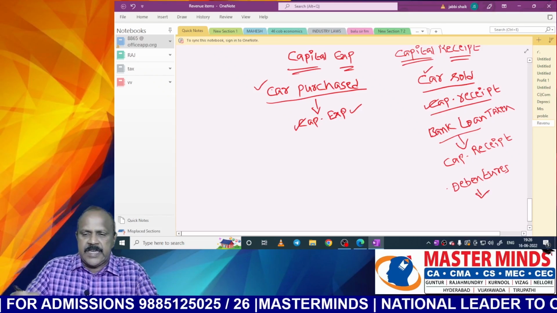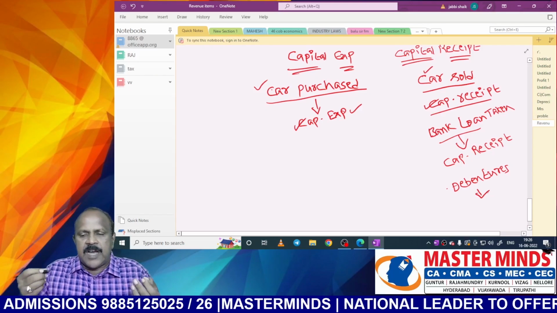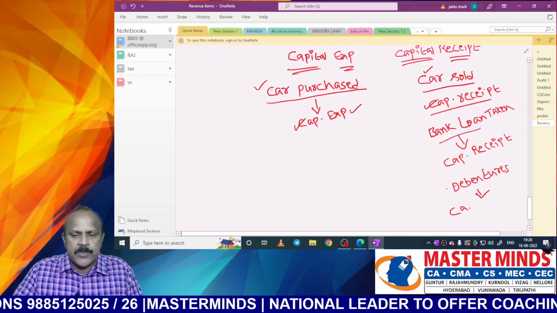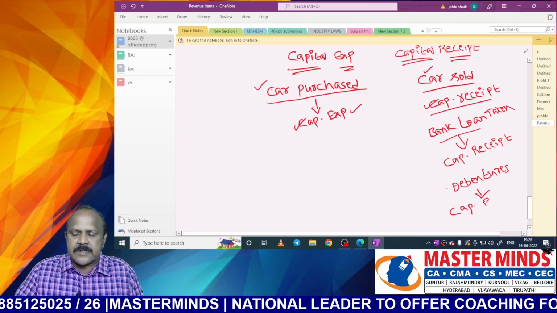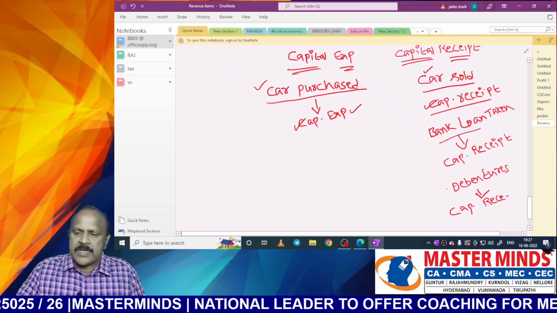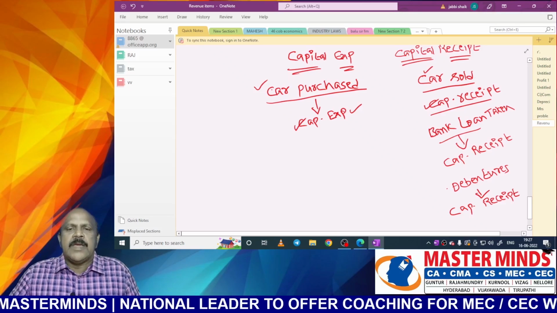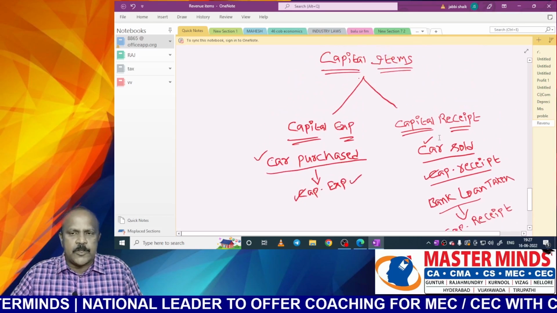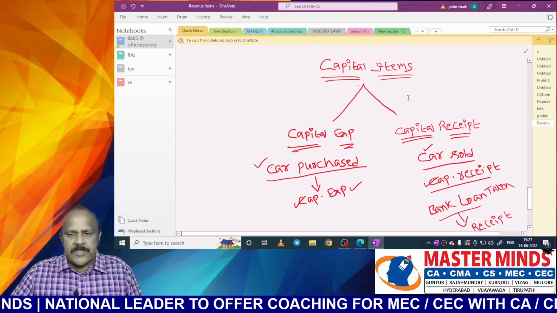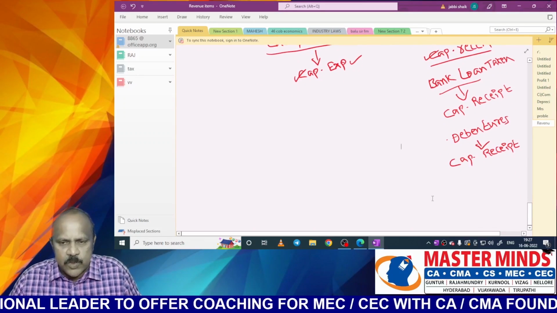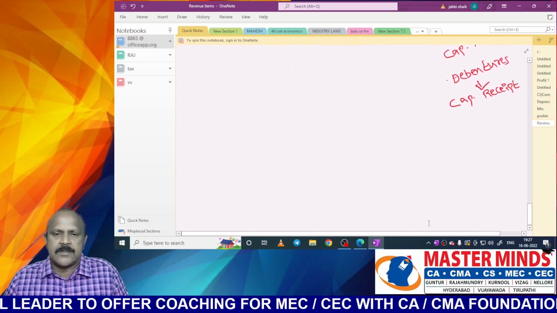The amount received from the public by the issue of debentures is in capital nature. So we call it a capital receipt. Like this, capital items are classified into two: capital expenditures and capital receipts. Is this okay, students? Are you getting me or not?